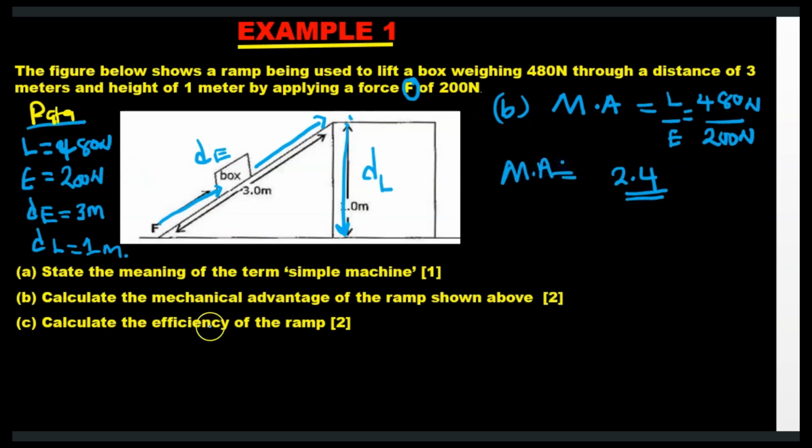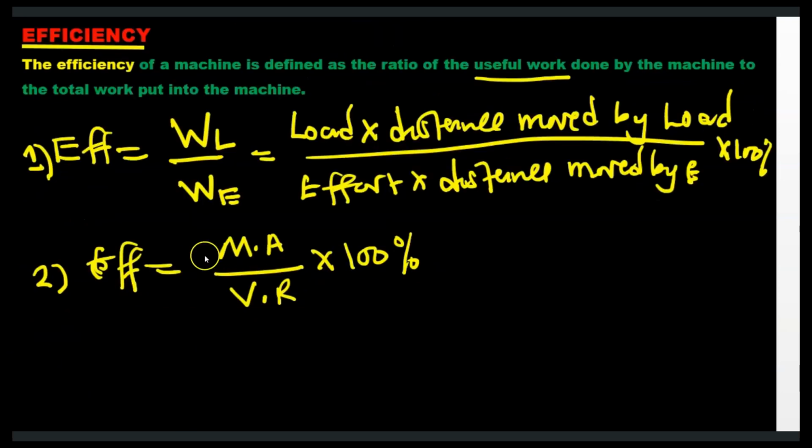Now, the next question that we are answering is, calculate the efficiency of the ramp. From what we've looked at, we can use the first formula, the one that involves work done by load, or work output, divided by work done by effort, which is work input, multiplied by 100%.